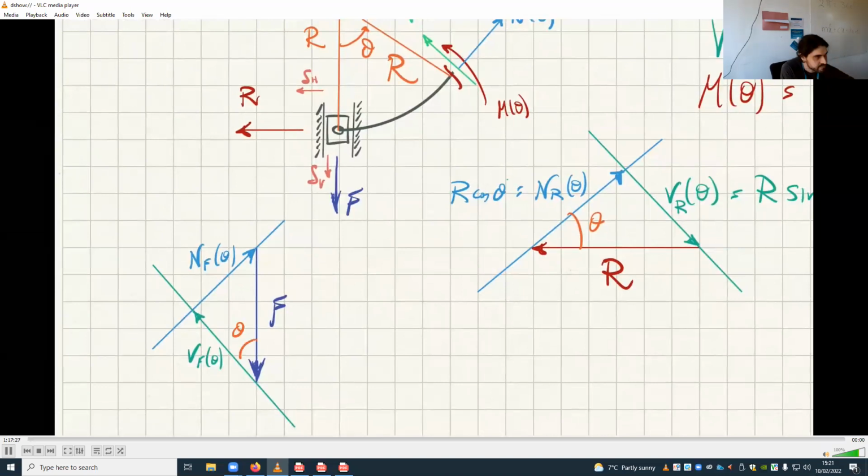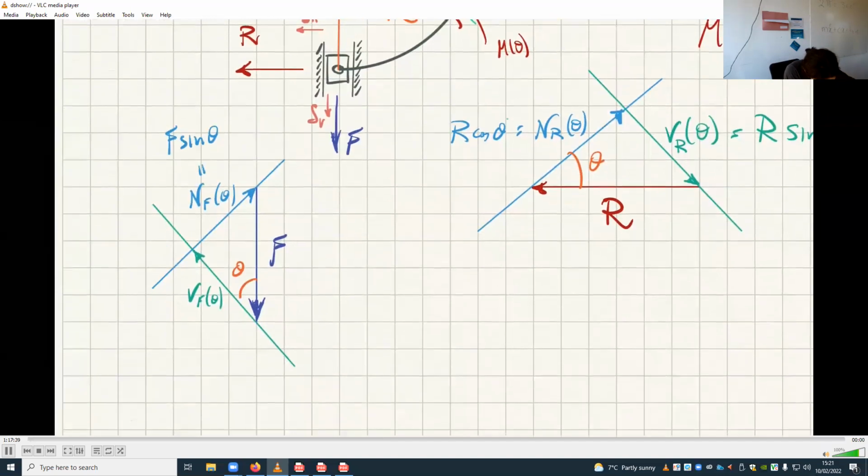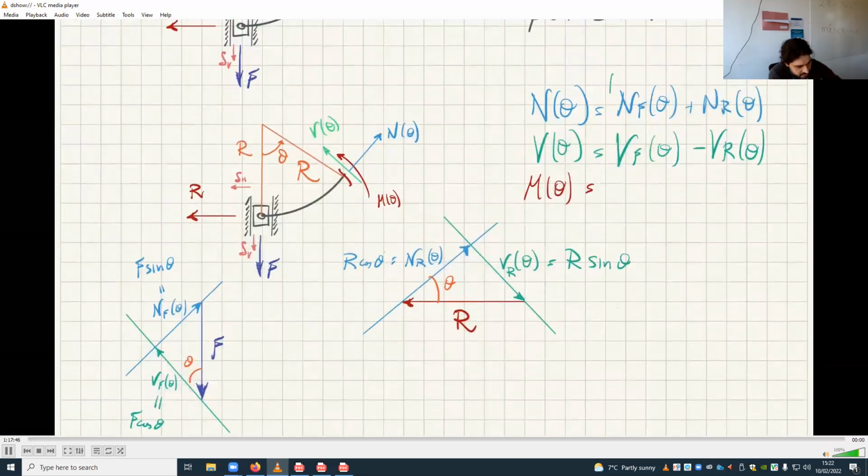So this is theta. And so NF is F sine of theta. And VF is F cosine of theta. Okay, so these things are all numbers. Well, not all numbers, they are all functions of theta via sine and cosine.